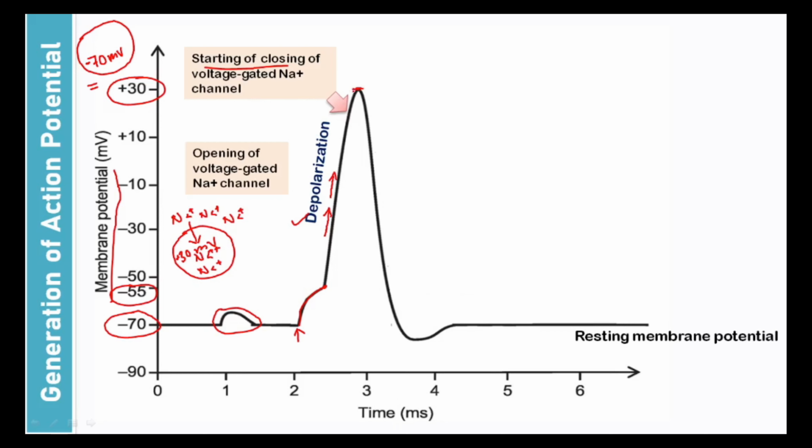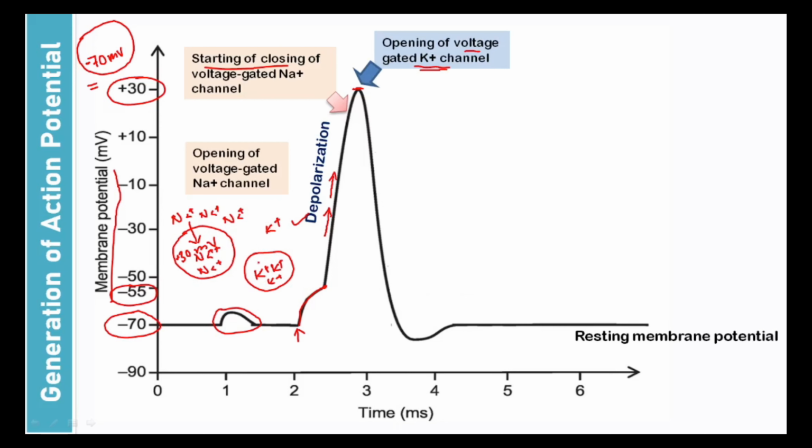In this condition, what is happening? There is an opening of voltage gated potassium channels. Generally the potassium concentration is more inside and less outside.